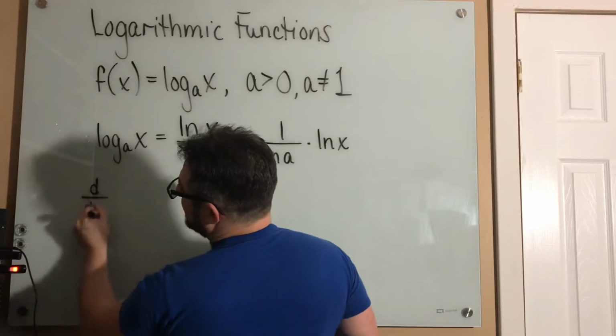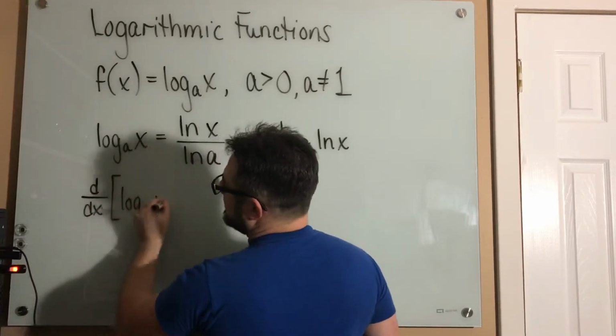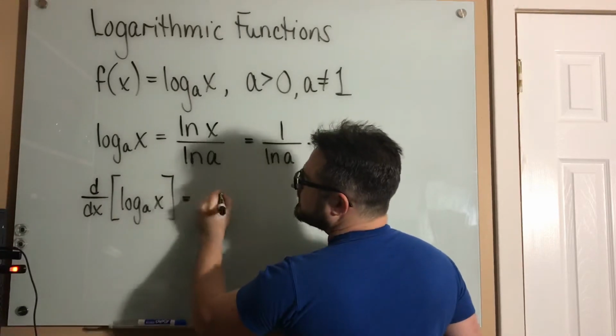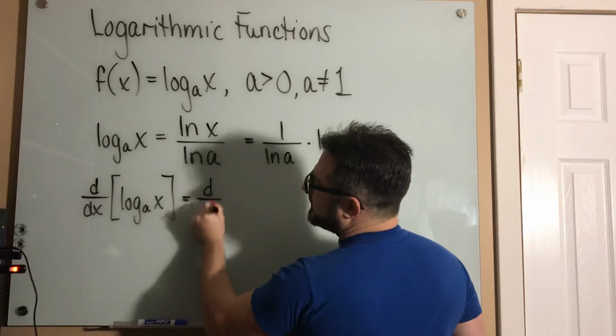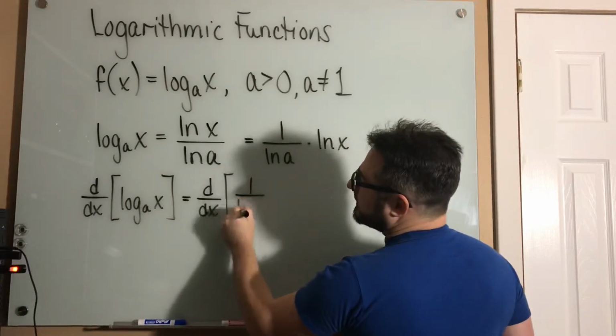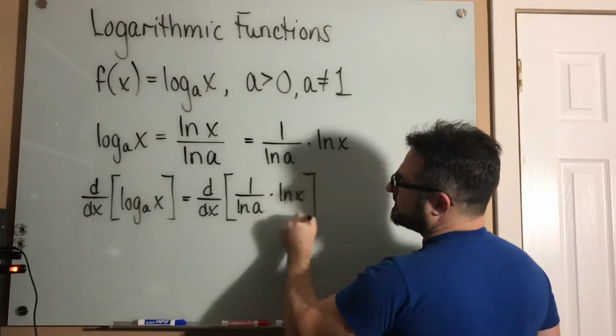The derivative of the logarithm base a of x is equal to the derivative with respect to x of 1 over the natural log of a times the natural log of x.